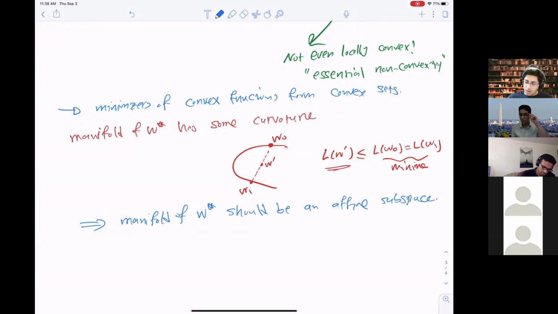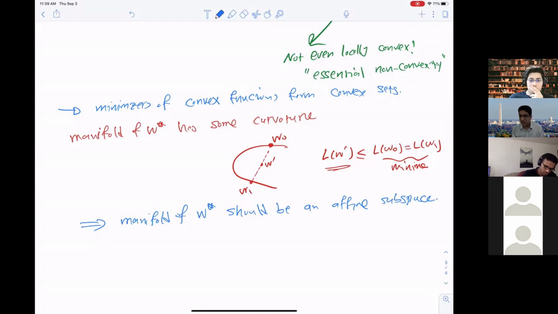Right, so now you can argue maybe we can have nonlinear systems of equations, but magically they provide an affine subspace. There are some arguments in the paper about that, but in general, it is very unlikely that if you have nonlinear sets of equations, the manifold of W stars happens to be affine subspaces.